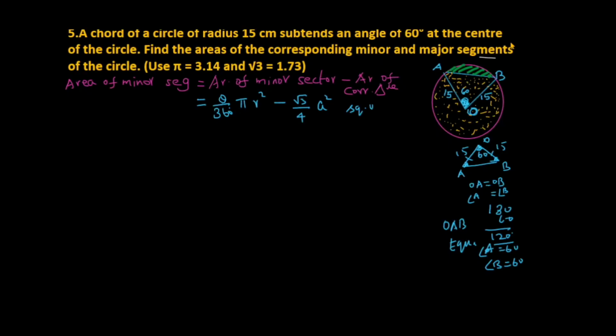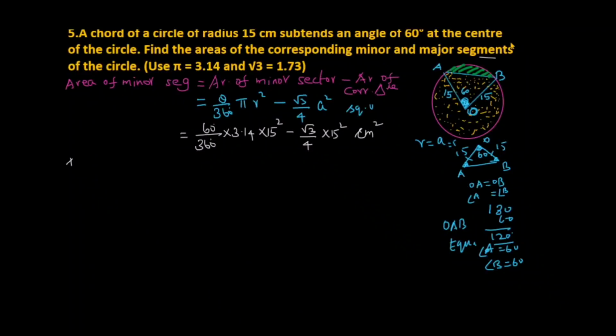Here r and a are the same: the radius of the circle is the side of the triangle, both 15 centimeters. So we replace: 60 by 360 into 3.14 into 15 squared minus root 3 by 4 into 15 squared centimeter squared. If you can calculate well, you can take the common number outside. Otherwise, go with the separate method.